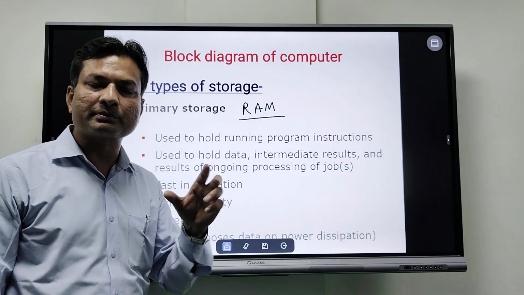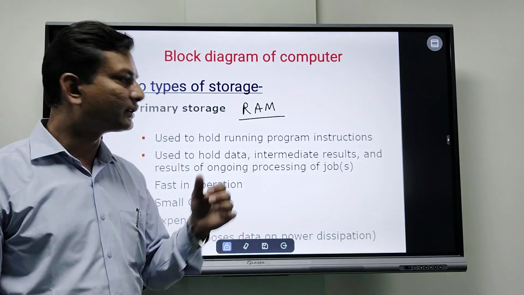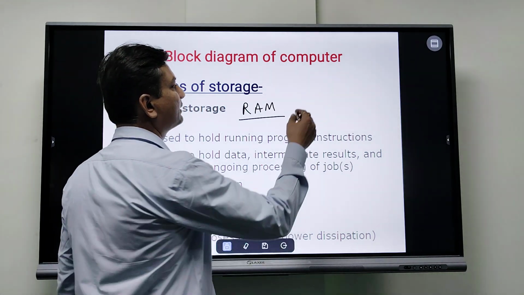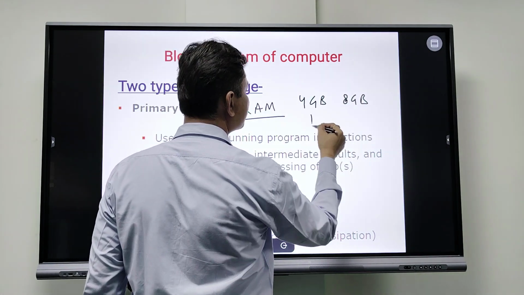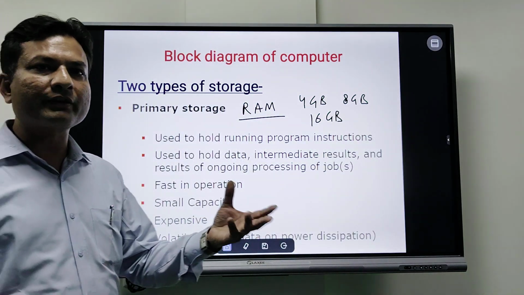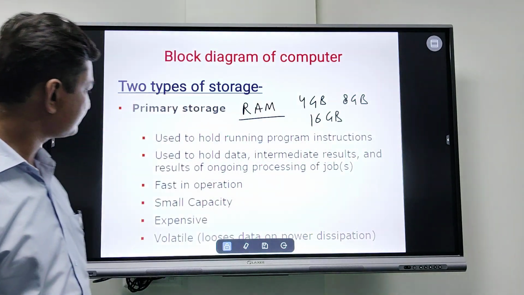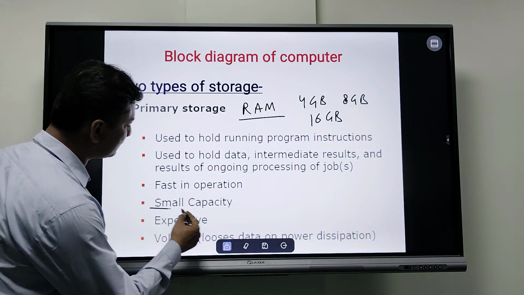What do you mean by small? Small means its storage capacity is less as compared to secondary storage. Its capacity is like 4 GB or 8 GB, 16 GB. So these are the most frequently used storage capacities of RAMs nowadays. So it is fast because its capacity is small.